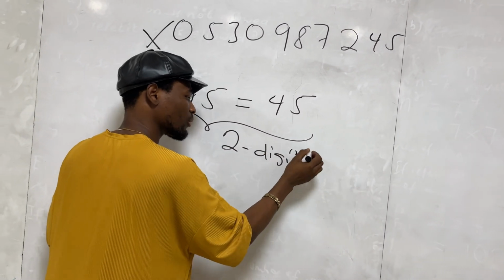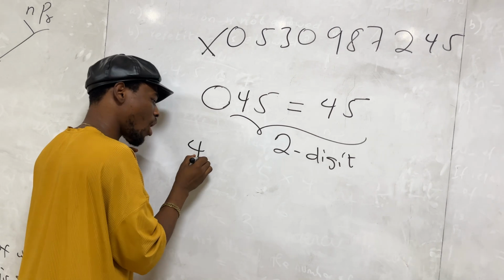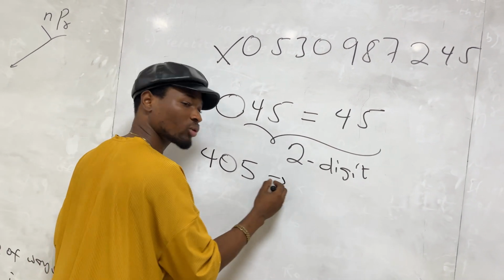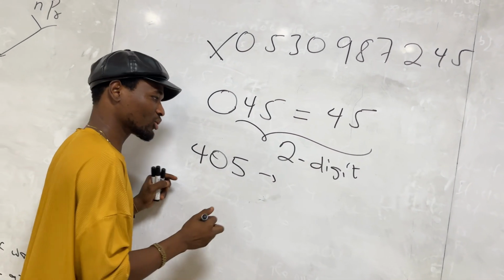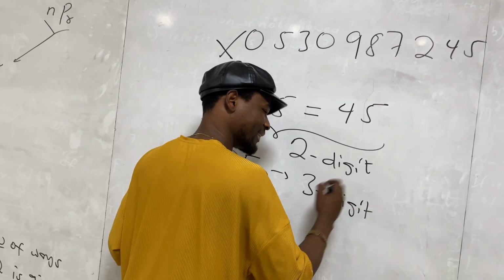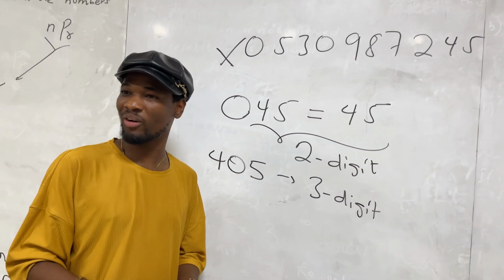But if I have 4, 0, then 5, this is a proper digit. So this is 3 digits, as simple as that.